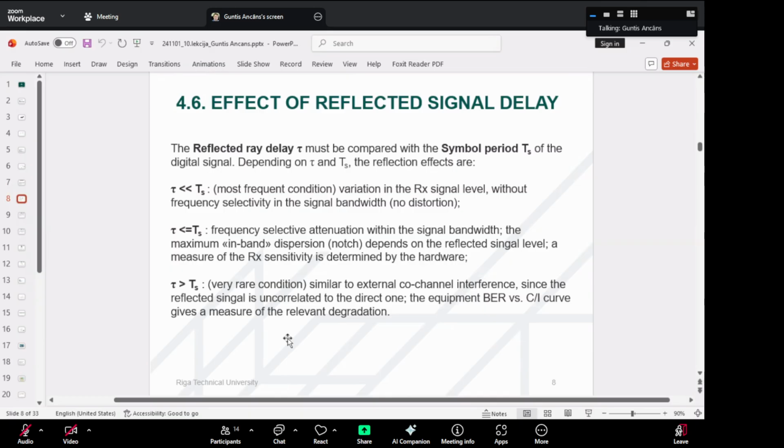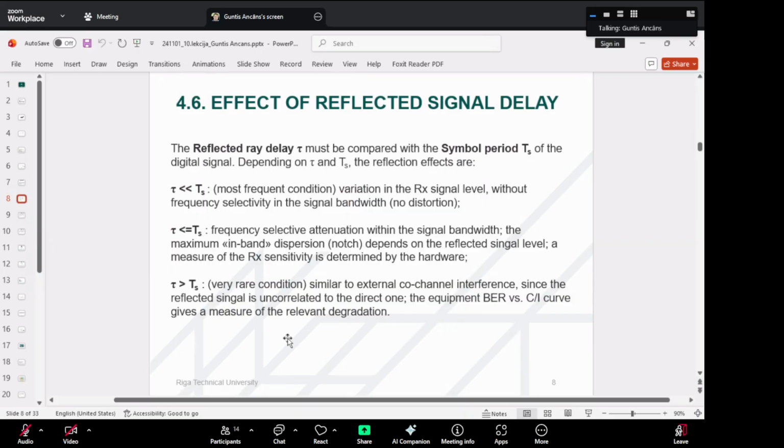The reflected beam delay must be compared with the symbol period of the signal. Depending on these values, the reflection effects are the following.